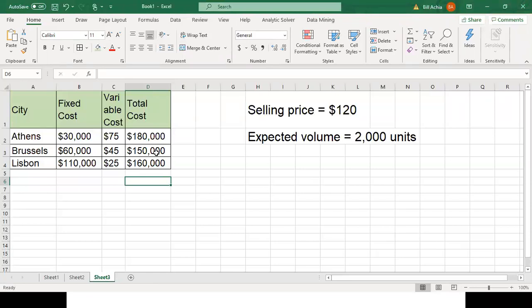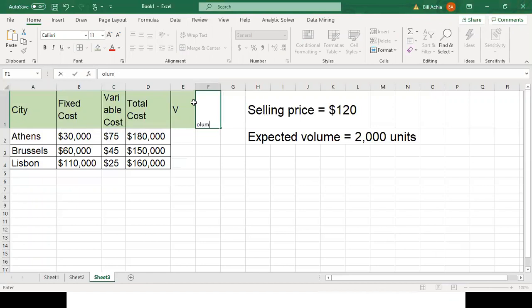We might also want to know within what range of volume we should consider having Brussels as our manufacturing location. Beyond a certain range, you'll find that Brussels stops being the best possible location for us to produce at. So let me explain that.